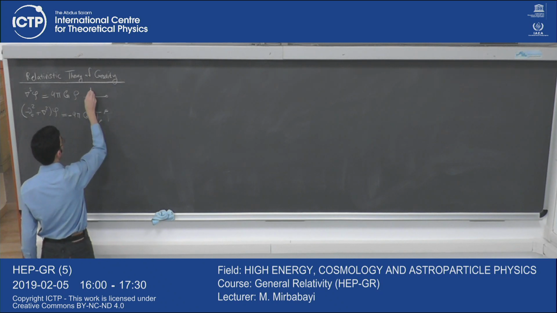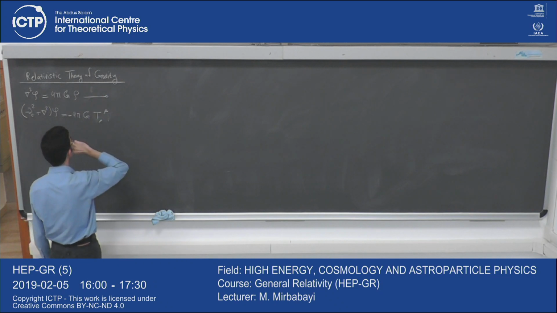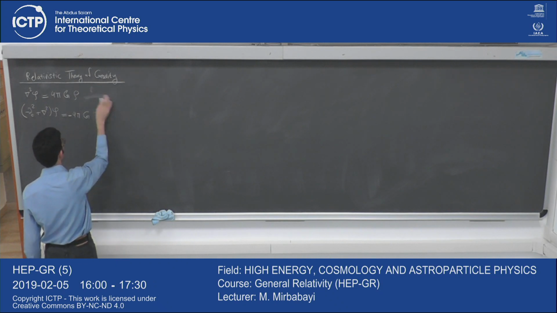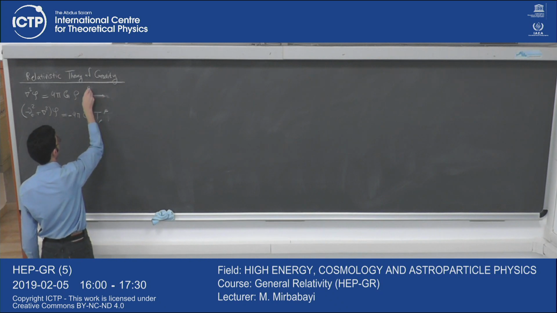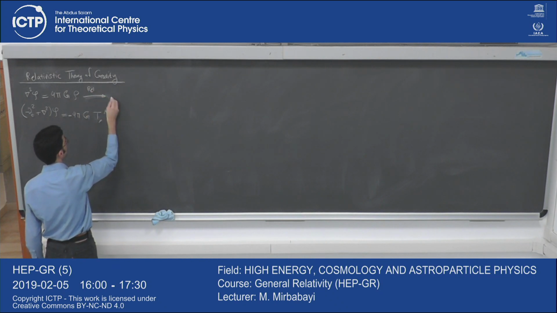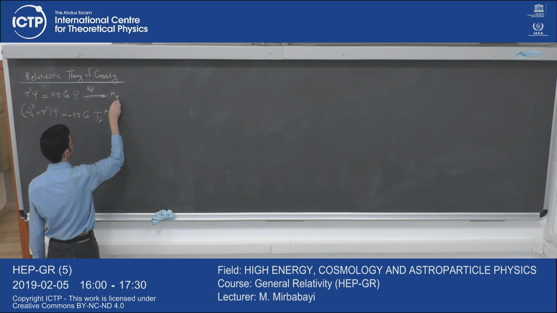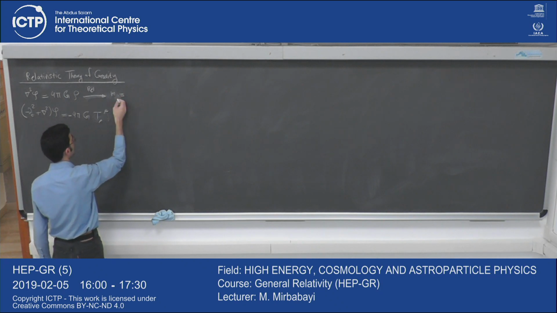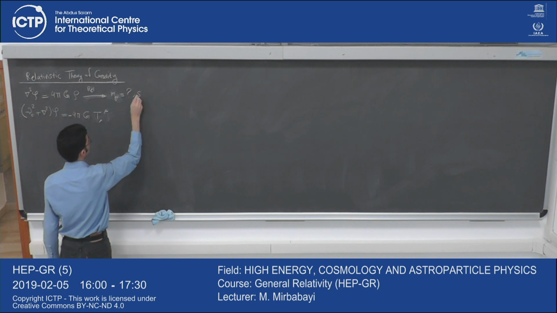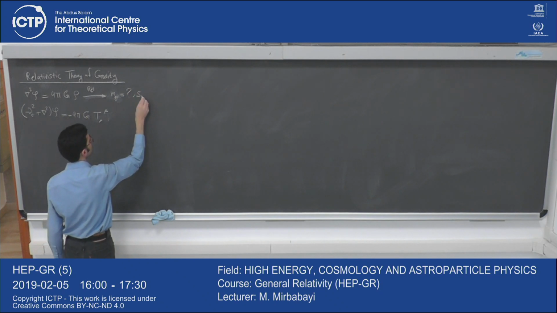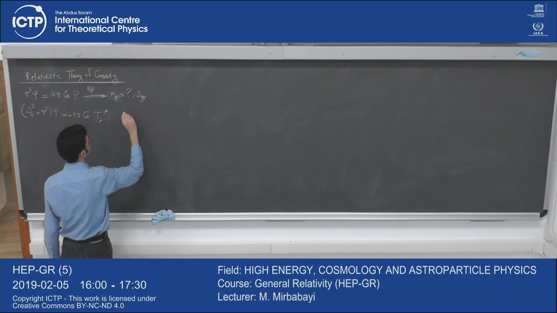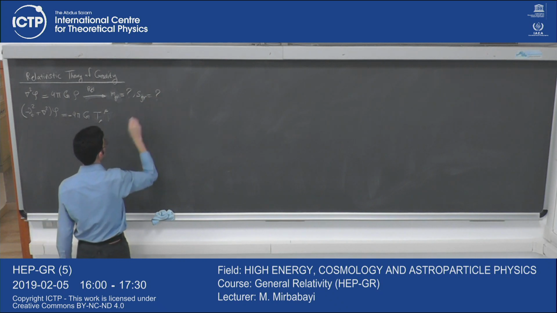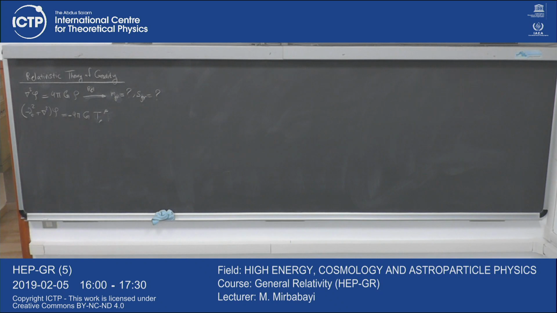So what are we doing? We want to go to a relativistic theory. And the question is, for instance, what is m phi, or m of, let's call that degree of freedom the graviton. So what is m of graviton? And what is s, the spin of graviton? We should answer, first of all, these two questions.